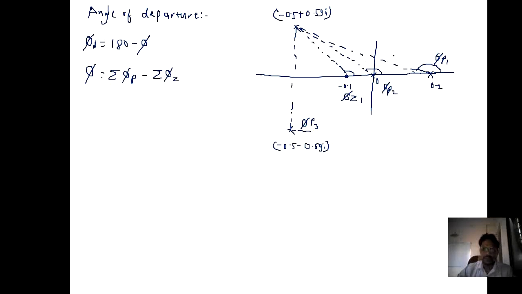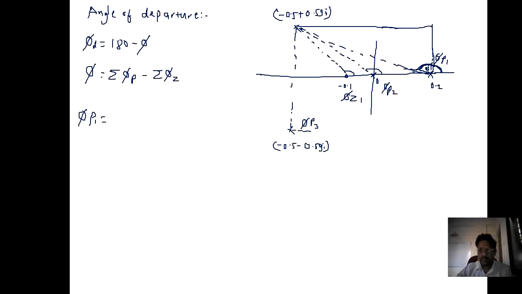So phi p1, phi p2 and phi p3. The value of phi p1: now look at this, suppose we know this is a 90 degree angle and the remaining angle. If you talk about this angle, consider this triangle complete, and if you calculate theta, theta will be tan inverse of opposite by adjacent.